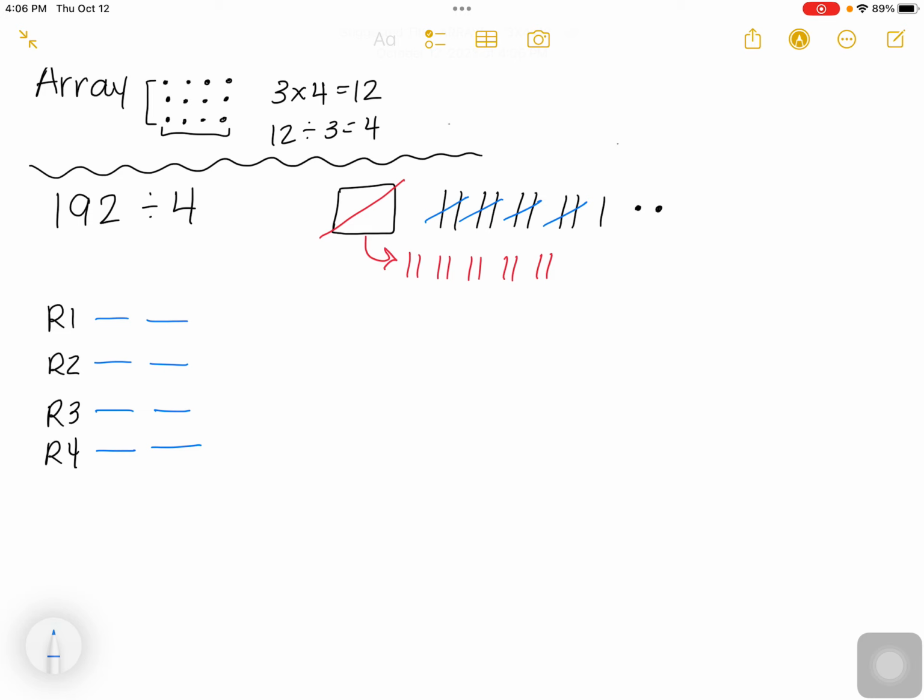I still have more, so I can go again. 1, 2, 3, 4. That gets rid of those. I can do one more. 1, 2, 3, 4. But then I noticed that I only have 3 left. So I have these 2 and this one. So I have 3 tens, which means if I were to evenly distribute them, it's not enough for everyone.